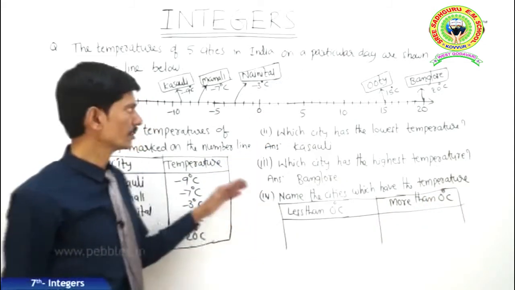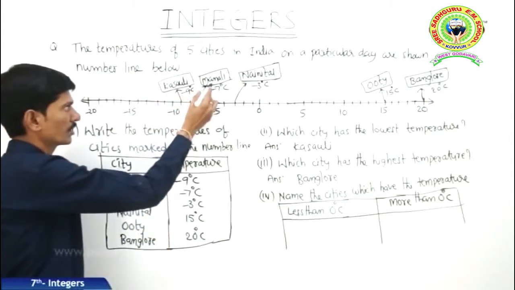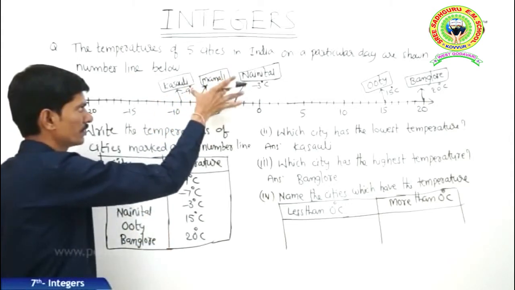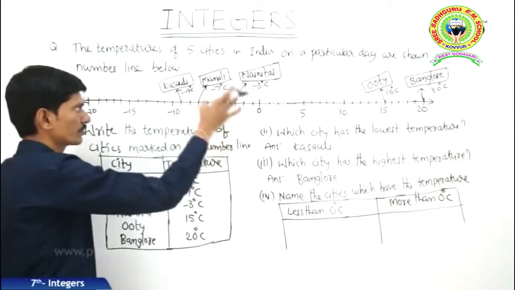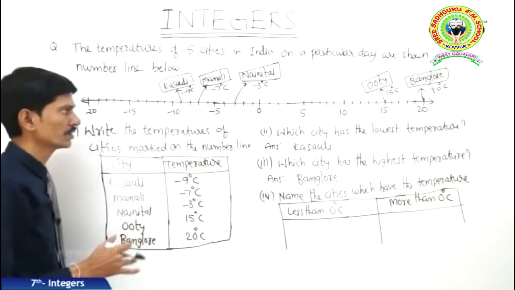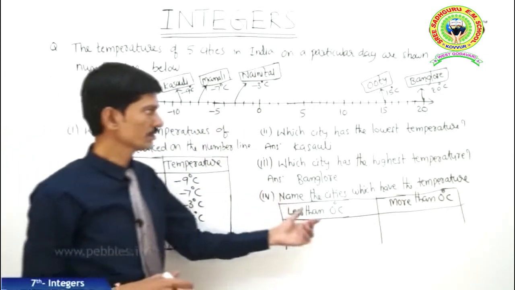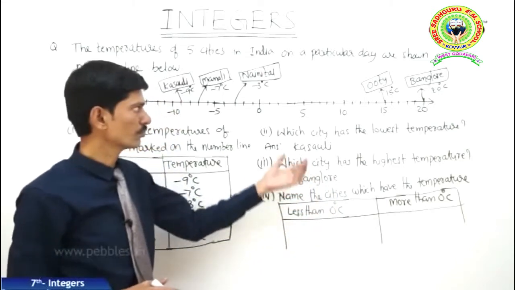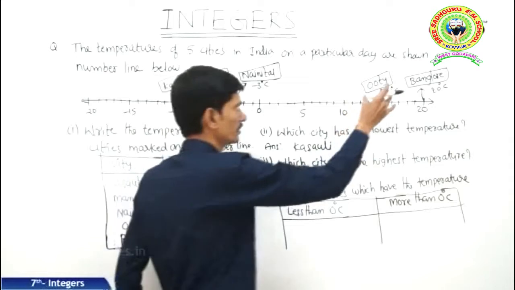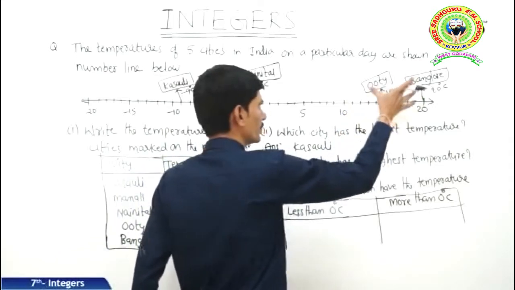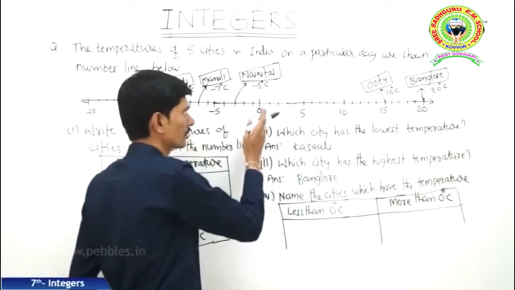If you observe the number line, the 3 cities Kasauli, Manali and Nainital lie to the left of 0. So these 3 cities have the temperature less than 0 degrees centigrade. And what are the cities which have the temperature more than 0 degrees centigrade? On the number line, the cities Ooty and Bangalore lie to the right of 0.